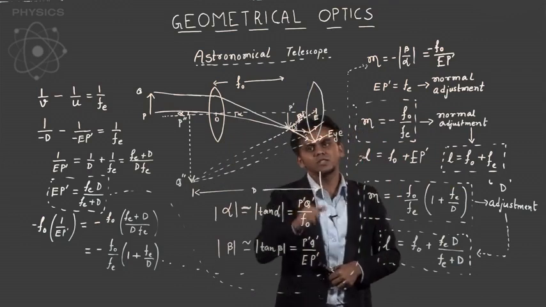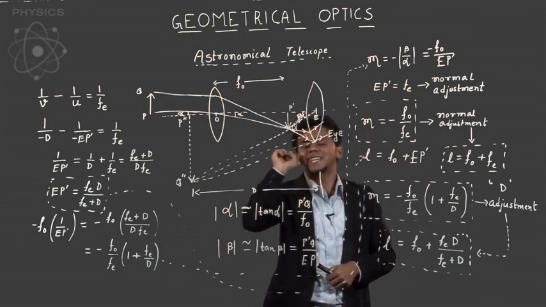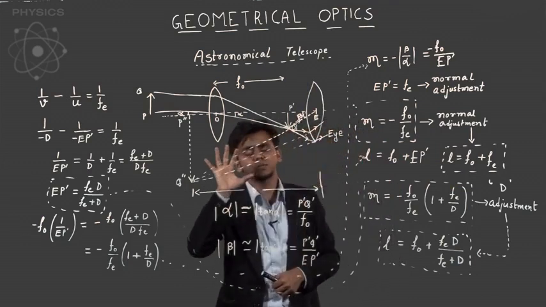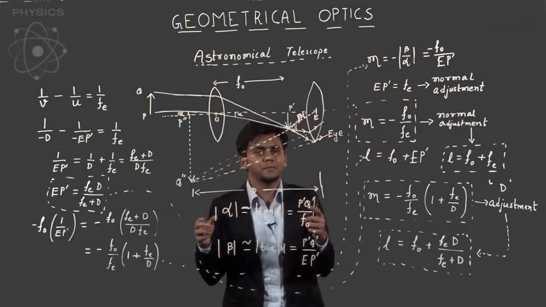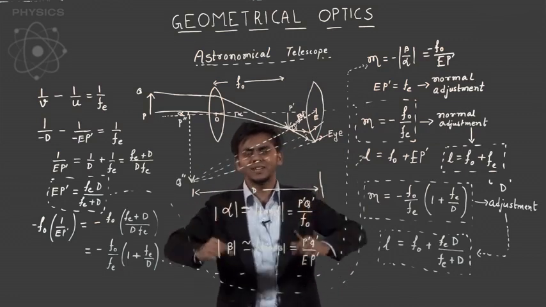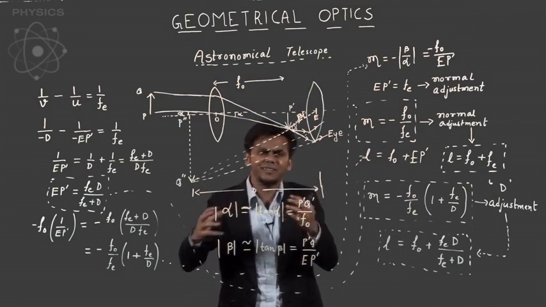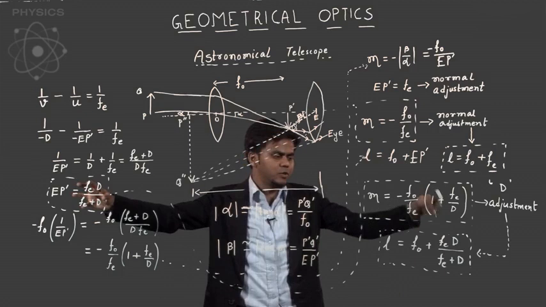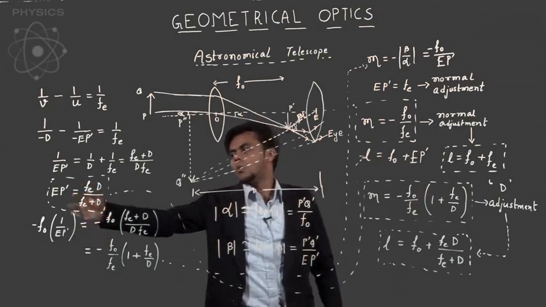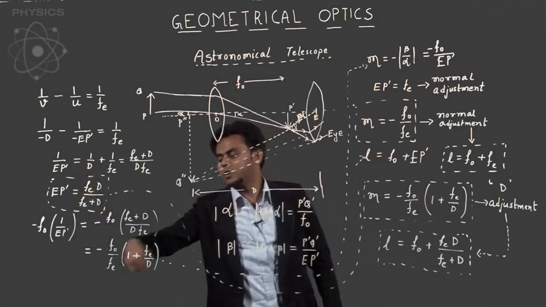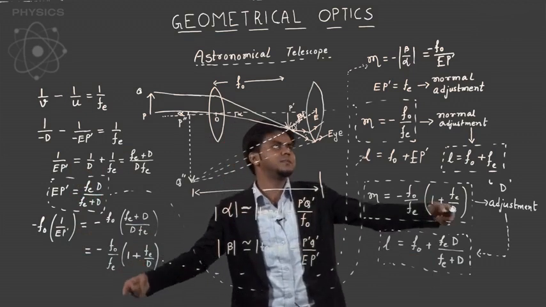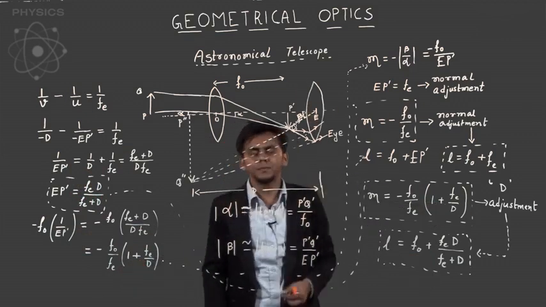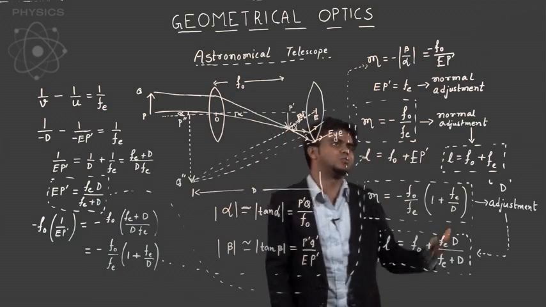And for the case of this diagram, it is not under normal adjustment, it is under the D adjustment, when I'm perceiving the image to be located at the least distance of distinct vision, which is capital D. This is the EP dash value for calculating length of the tube. This is 1 upon EP dash value, which is used for the magnification of the astronomical telescope. So these are two values which you should be aware about.